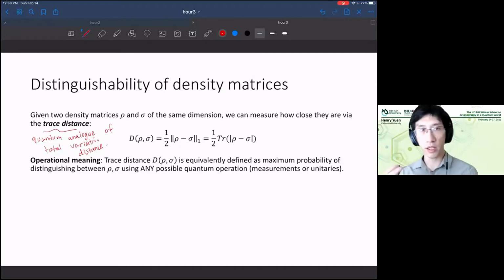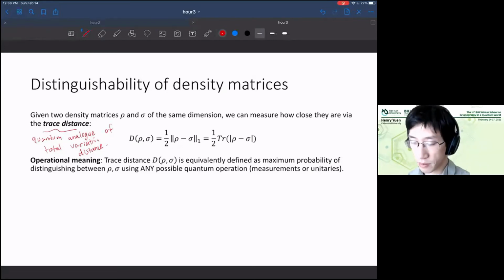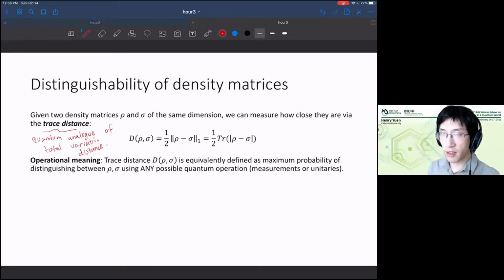You measure, you apply unitaries to these two density matrices, and you want to distinguish them. What is the best possible probability? It's given by the trace distance. And since I'm talking to cryptographers, this is an information theoretic quantity. So this is distinguishing with any size quantum circuit.